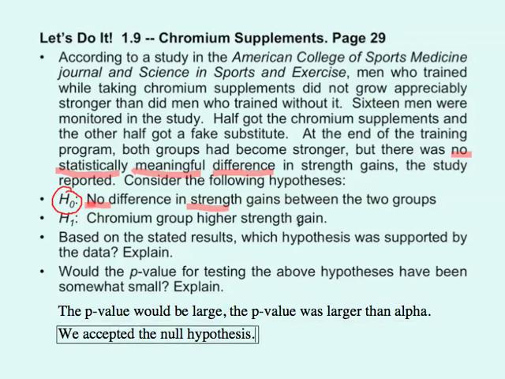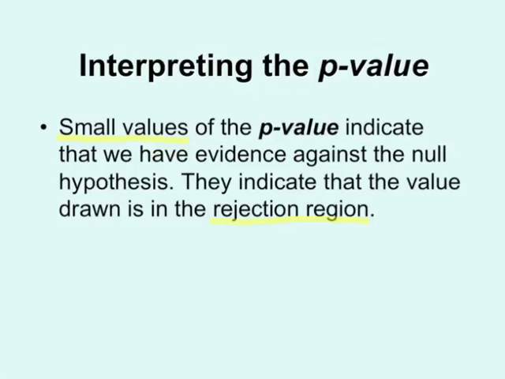Now look, this is a key idea for the entire course. You really need to make sure you understand the relationship between the p-value and alpha. And you need to understand almost as much, if not more, the interpretation of the p-value, which is that small values of the p-value indicate that we have evidence against the null hypothesis.